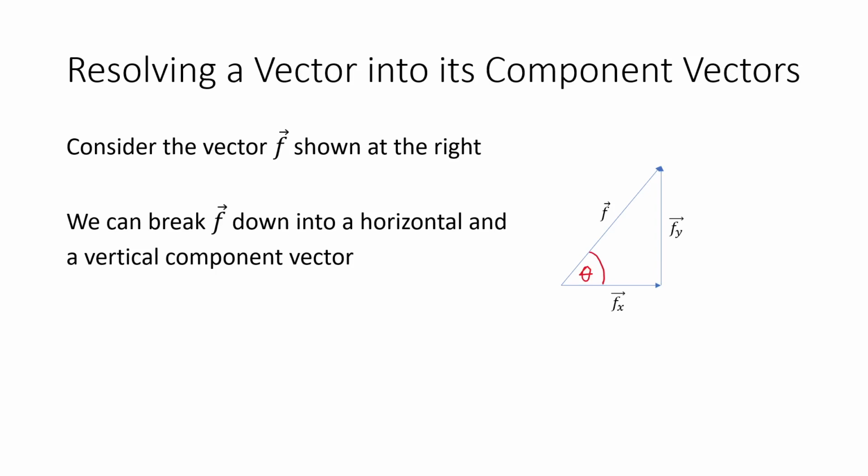That original vector, the diagonal one, could be described, if we wanted, as the sum of that horizontal component vector and that vertical component vector. Sometimes you'll see the horizontal component vector referred to as FH and the vertical component vector as FV. Sometimes you'll see them referred to as Fx and Fy, like we've done here.